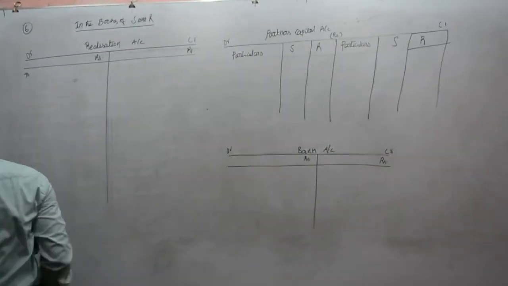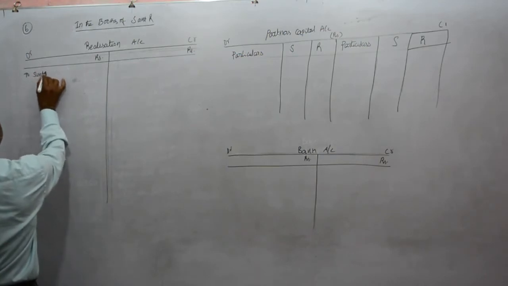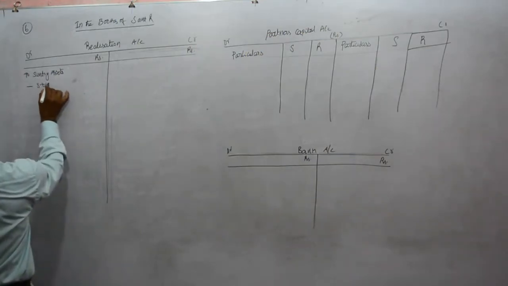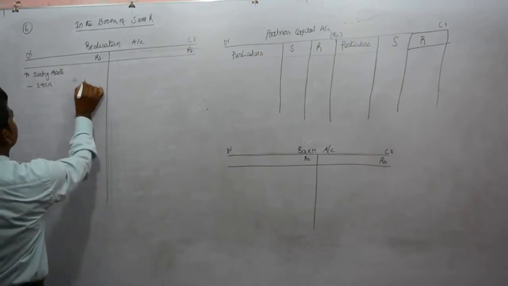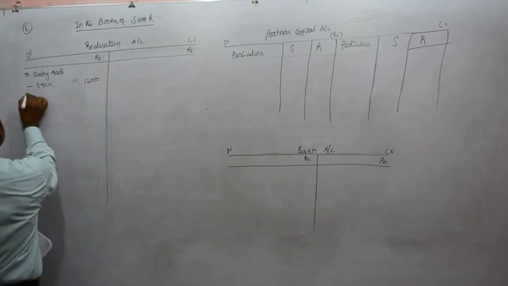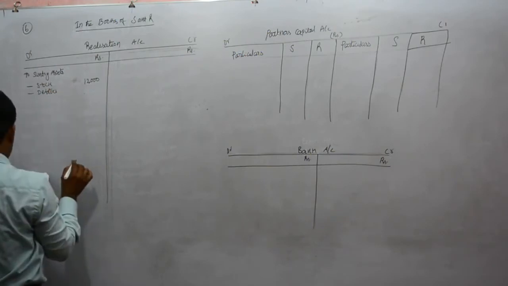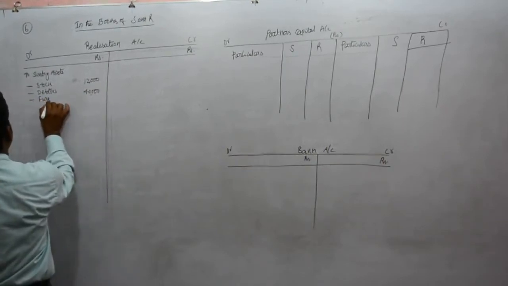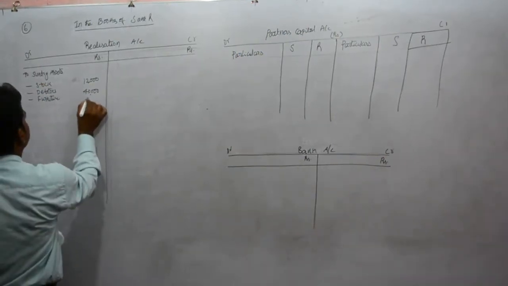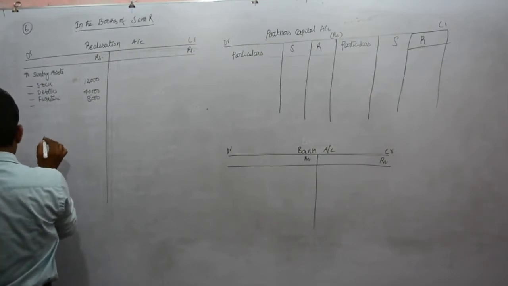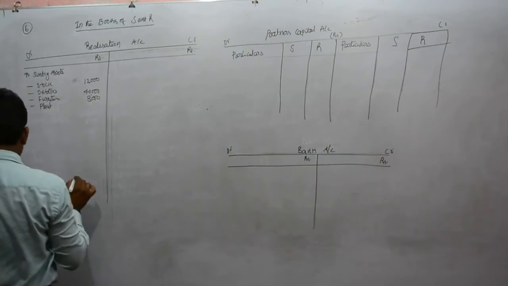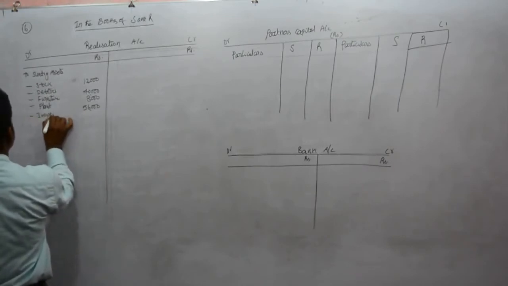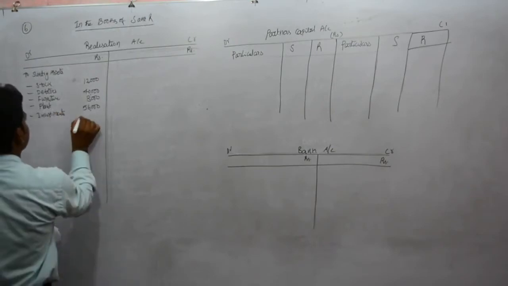On the debit side of the realization account, all the sundry assets: stock 12,000, debtors 40,000, furniture 8,000, plant 56,000, investments 20,000.